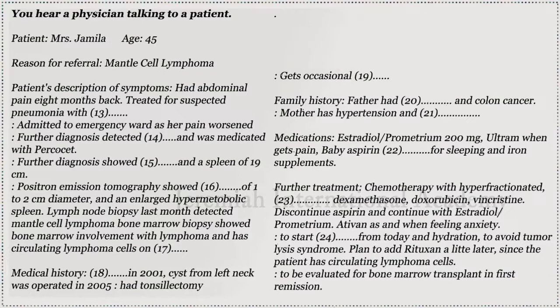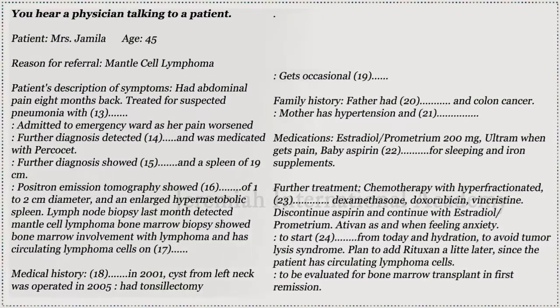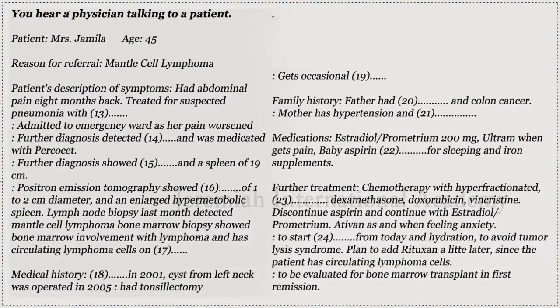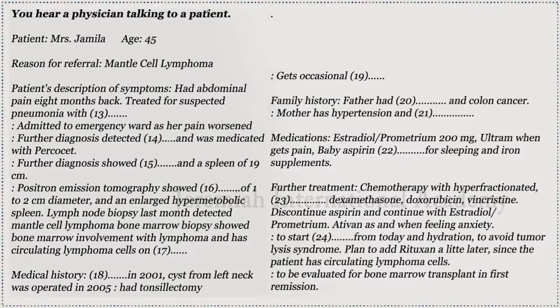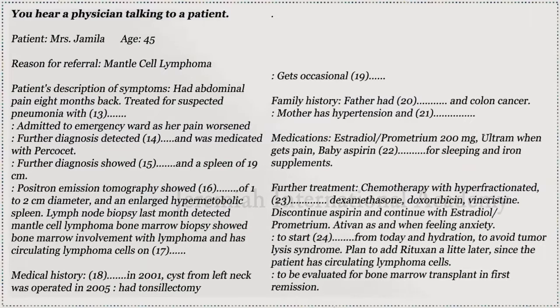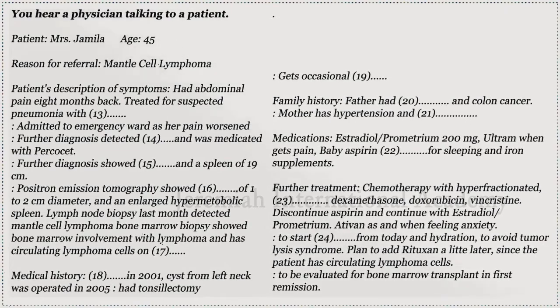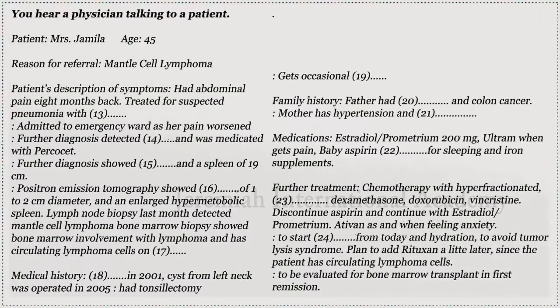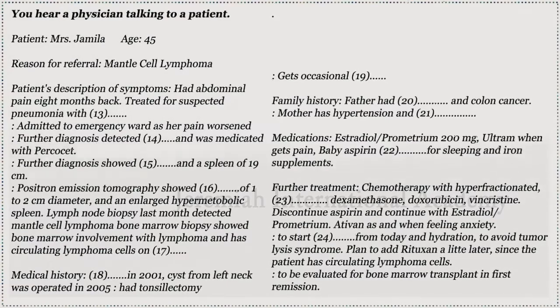This time my chest x-ray was compatible with pleurisy, and I was treated with Percocet. However, I was given another prescription for Ultram since I had nausea and was vomiting with Percocet. Eventually, I was referred to another doctor and was diagnosed with splenomegaly. A repeat ultrasound showed an enlarged spleen of 19 centimeters.